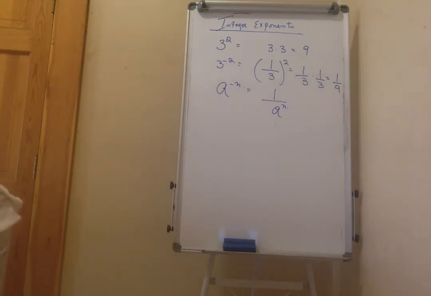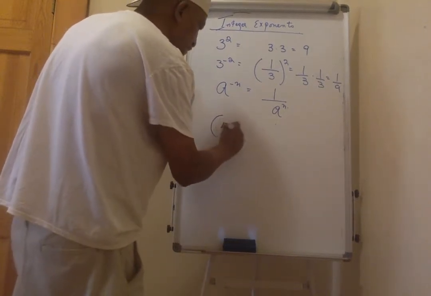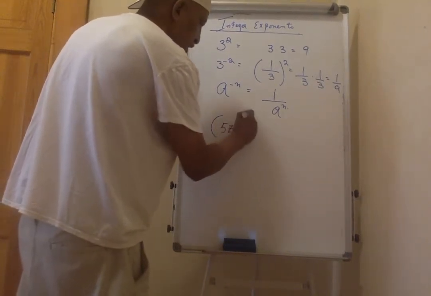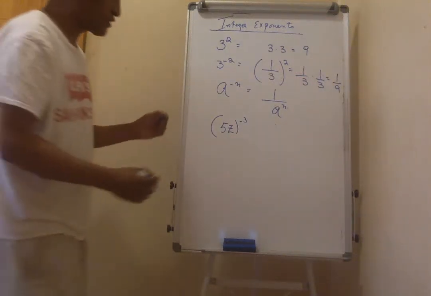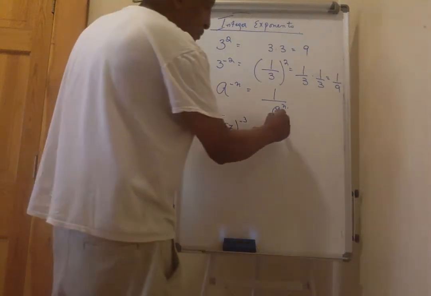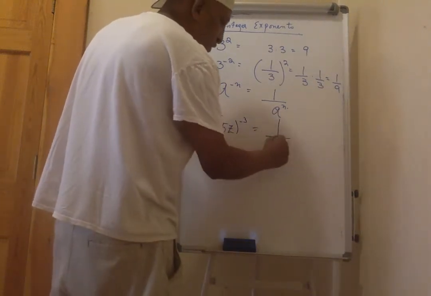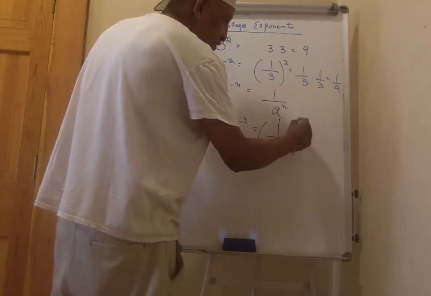So, if you have 5z to the negative 3, then what you need to do is what? Find the reciprocal of 5z, which is 1 over 5z to the third.